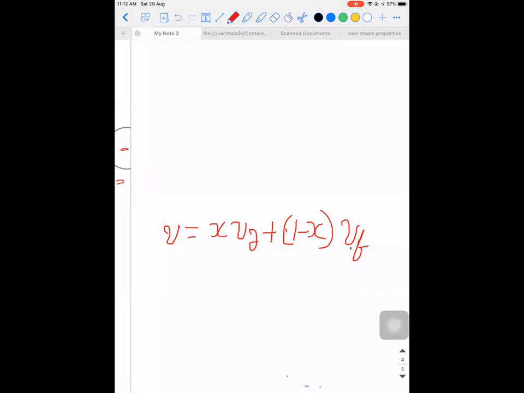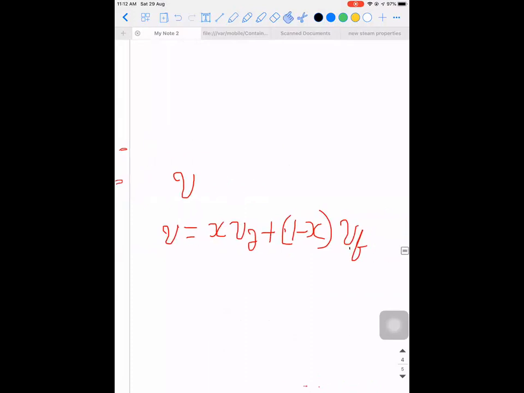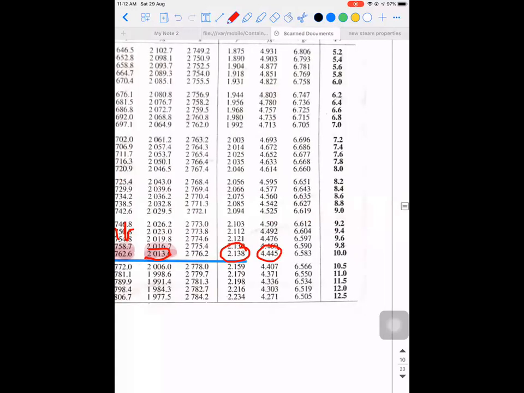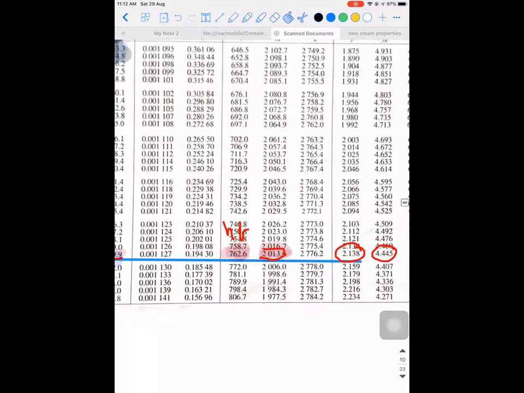V is also equal to X Vg. Now from your steam tables, what is Vg and what is Vf? That's very good, 326 has given.